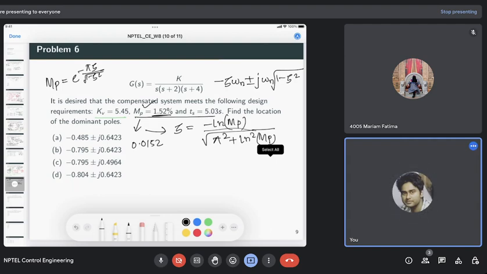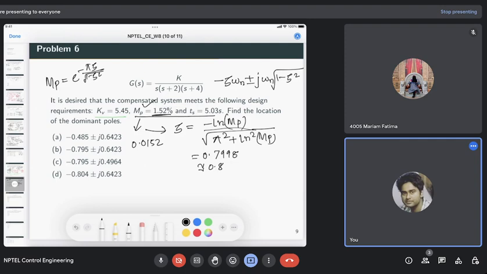So this is equal to 0.7998. So approximately we can take 0.8. Okay, this is the damping factor we found. The approximate value will be something closer to that, whatever is given.